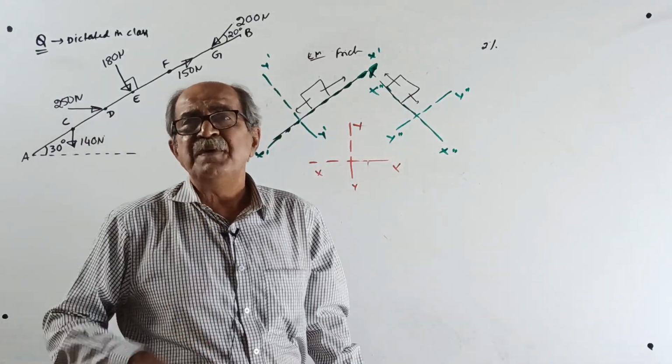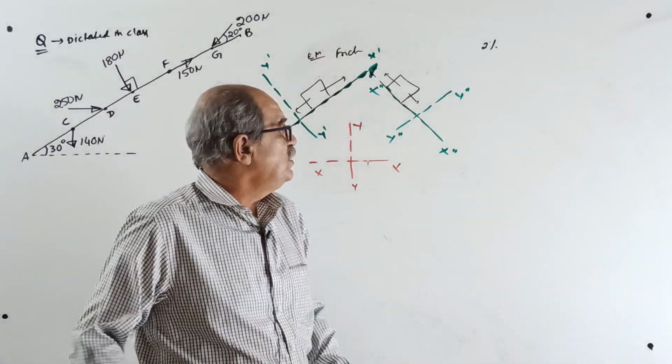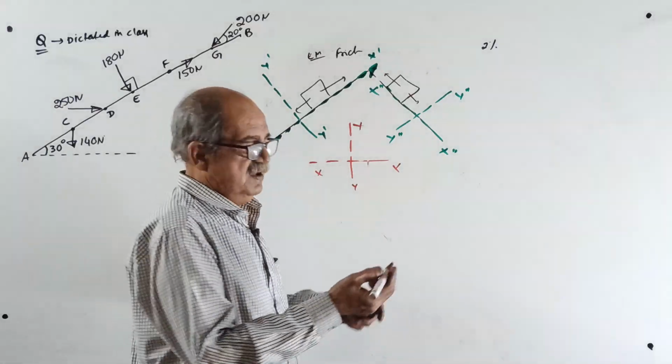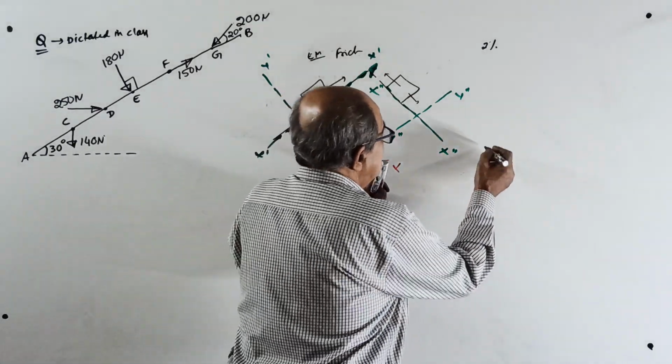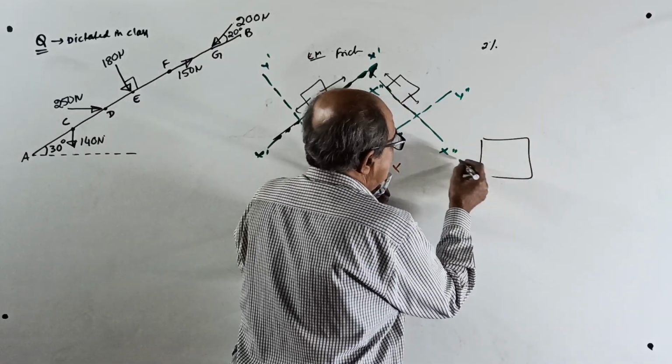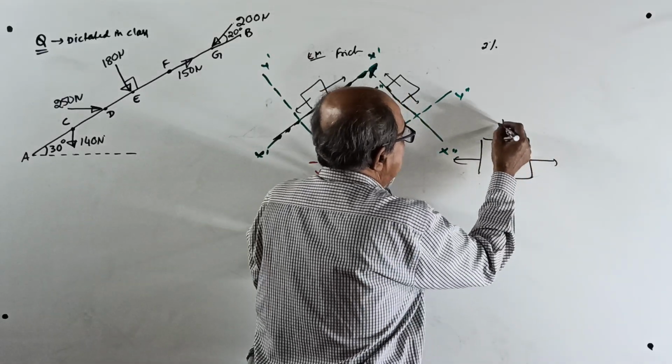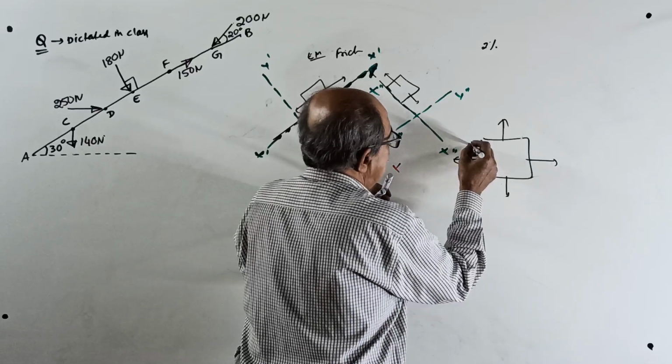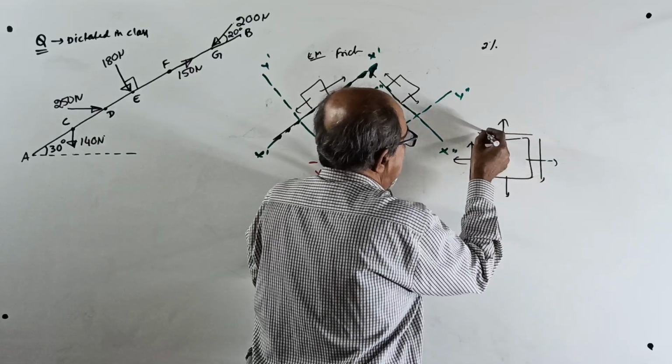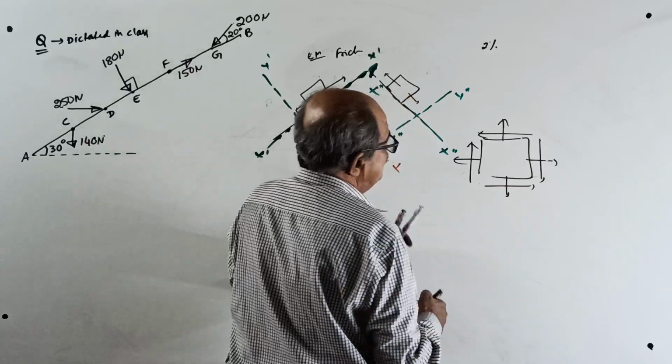And in strength of materials, this I told last time, when an element is given where stresses are given like this, it is called a two-dimensional stressed element.